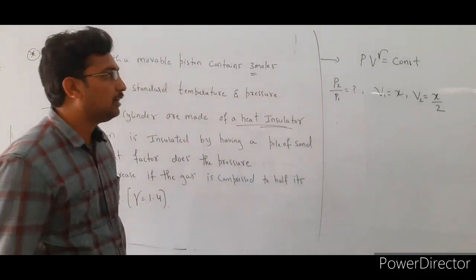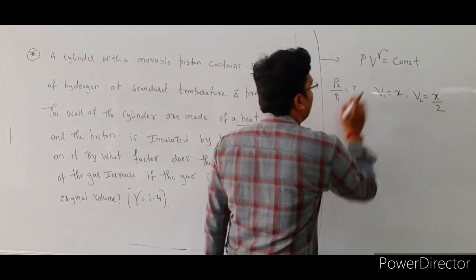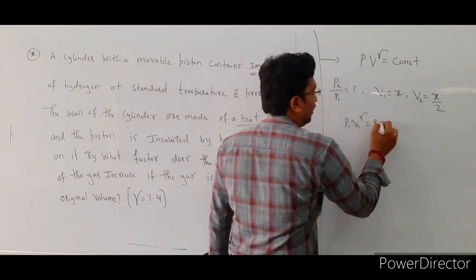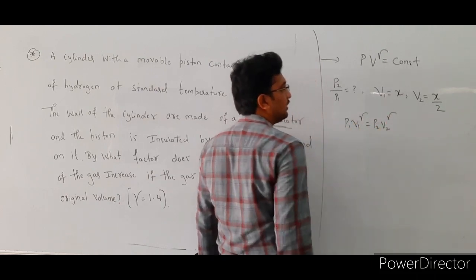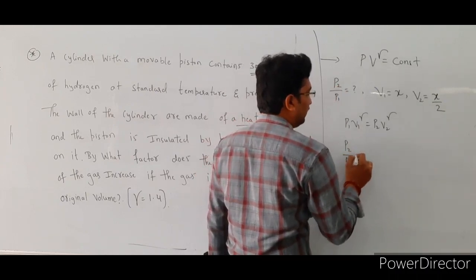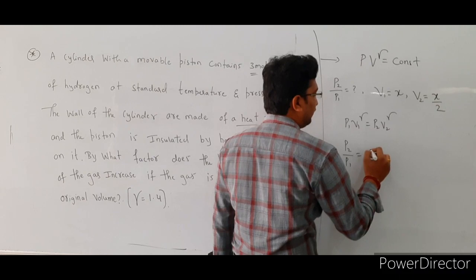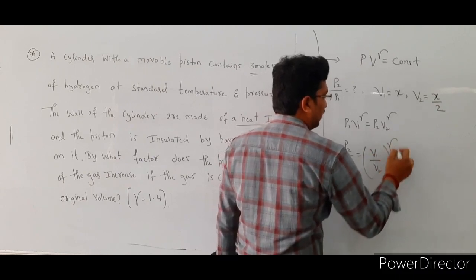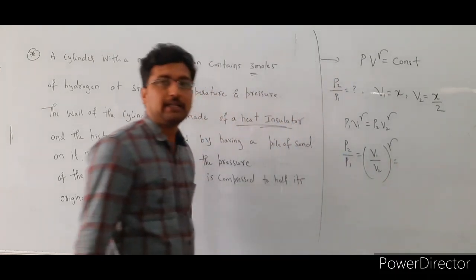In general we will write this equation as P1 V1 to the power of gamma is equal to P2 V2 to the power of gamma. Here we want the P2 by P1 value. P2 by P1 is equal to V1 by V2 to the power of gamma.